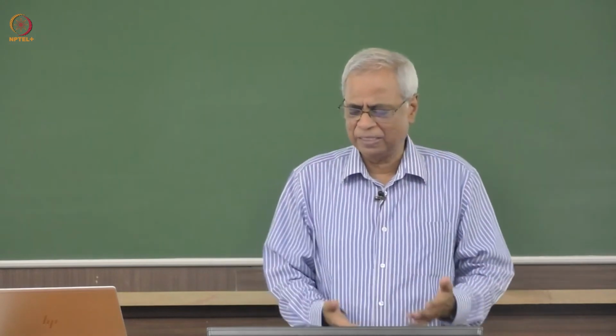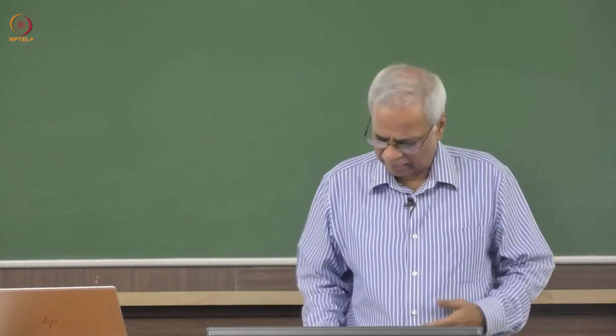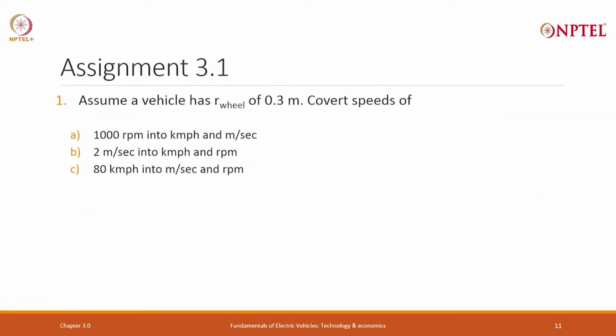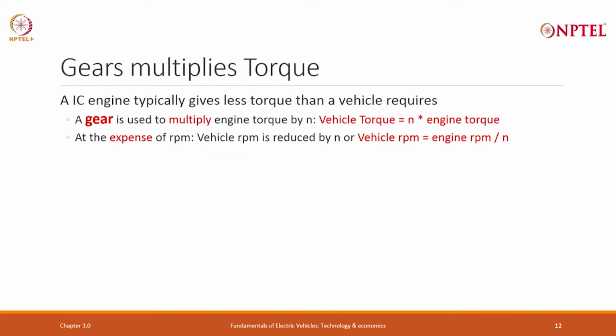You will use this again and again, and I am giving you an assignment. Assume the tire radius is 0.3 meter. Convert a speed of 1000 RPM into kilometers per hour and meters per second, and 2 meters per second into kilometers per hour and RPM, and 80 kilometers per hour into meters per second and RPM. All right, do this as an assignment.